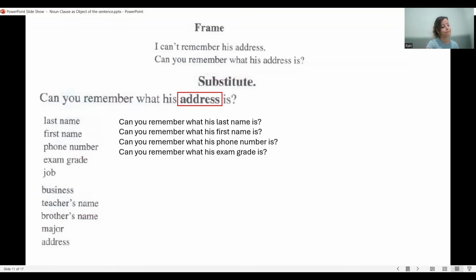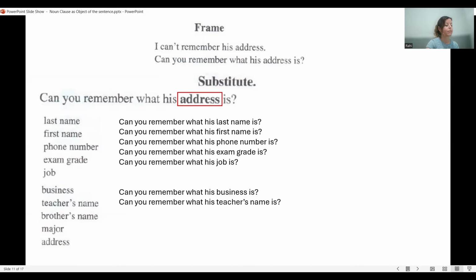Job. Can you remember what his job is? Business. Can you remember what his business is? Teacher's name. Can you remember what his teacher's name is?